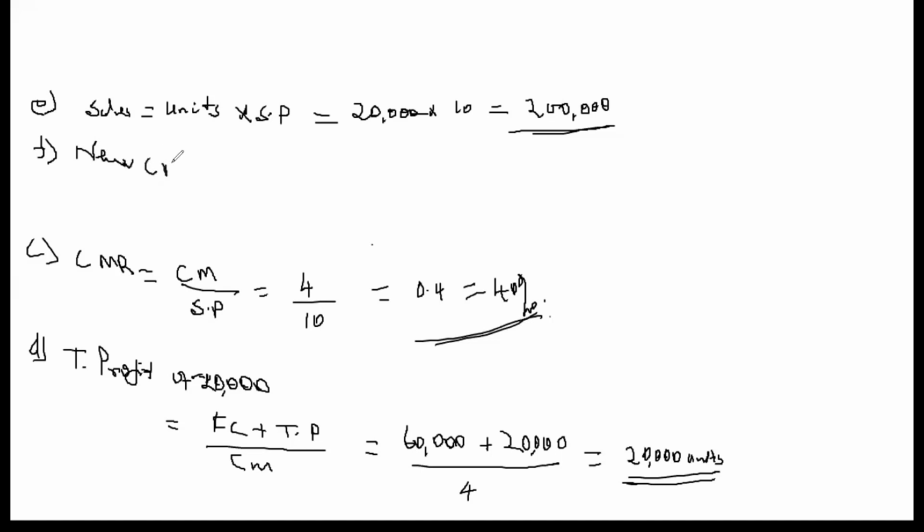So our new contribution margin is equal to 10 minus 6.5, which is 3.5. I hope I'm right. Yes, 3.5.